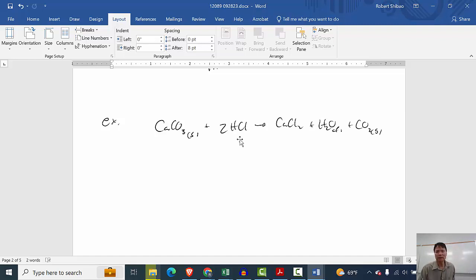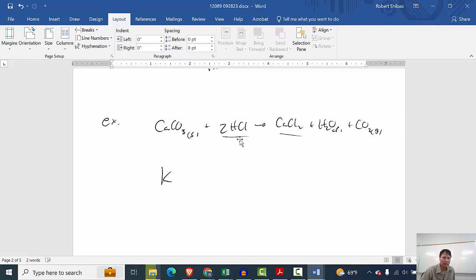Then if we do a Kc for this, we're going to have aqueous solutions. HCl is aqueous, calcium chloride is aqueous. But CO2 is a gas, and the gas is going to be in a different part of the container. And so we can get the concentration of the gas, and we can get the concentration of the liquids, but the numbers are going to be kind of funny because the gas is in a separate container.